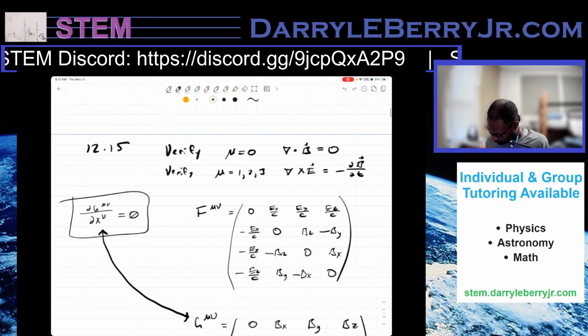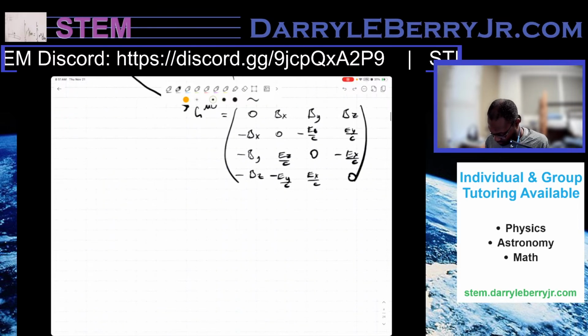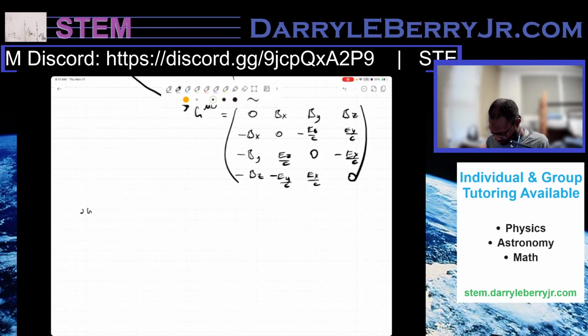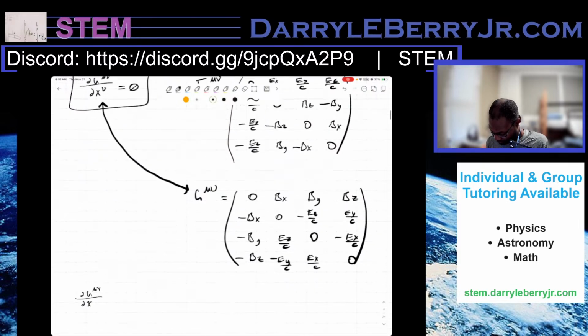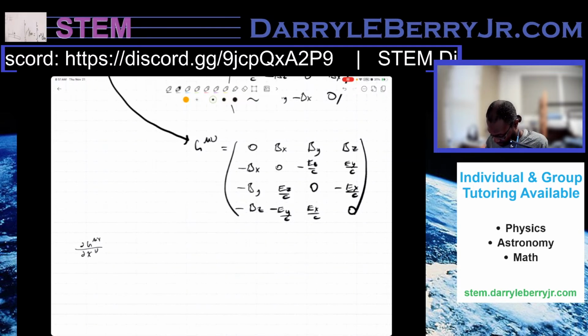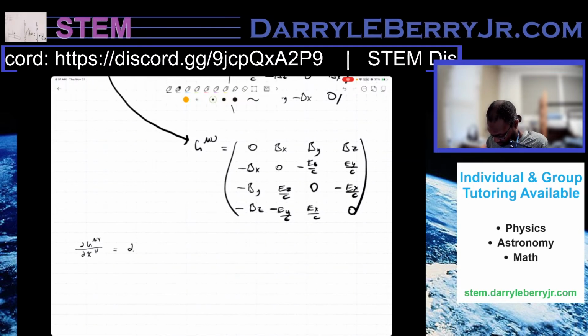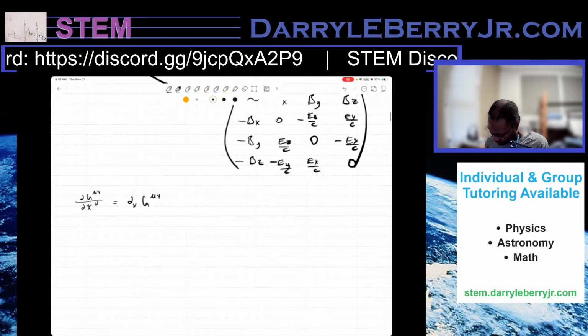So they want us to use mu equals 0. So we looked earlier that we can sort of simplify this. The column has this high. So this is the same thing as this.